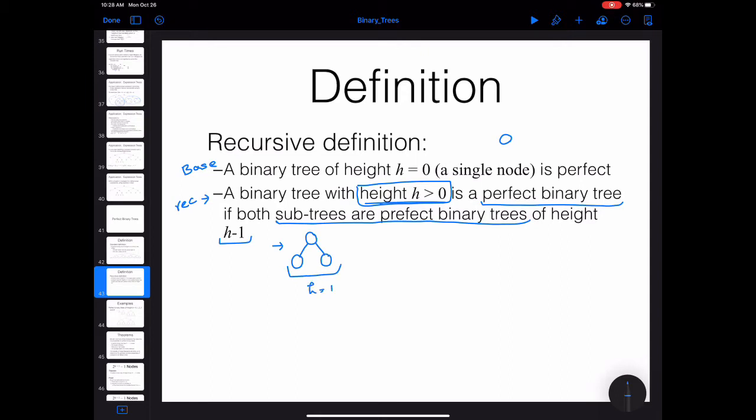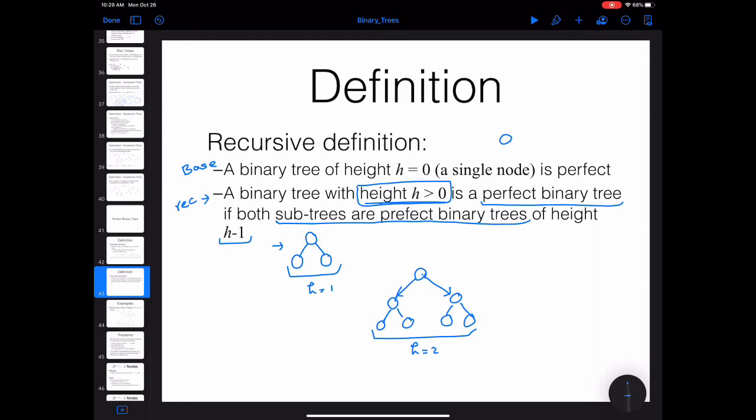If I have another perfect binary tree of height h equal to 1, so this is 1, and this is another one, I can create a larger perfect binary tree by just combining these two, right? So you can see that both of the subtrees should be perfect, and both of them should have height h minus 1. So this is going to be a perfect binary tree of height h equal to 2.